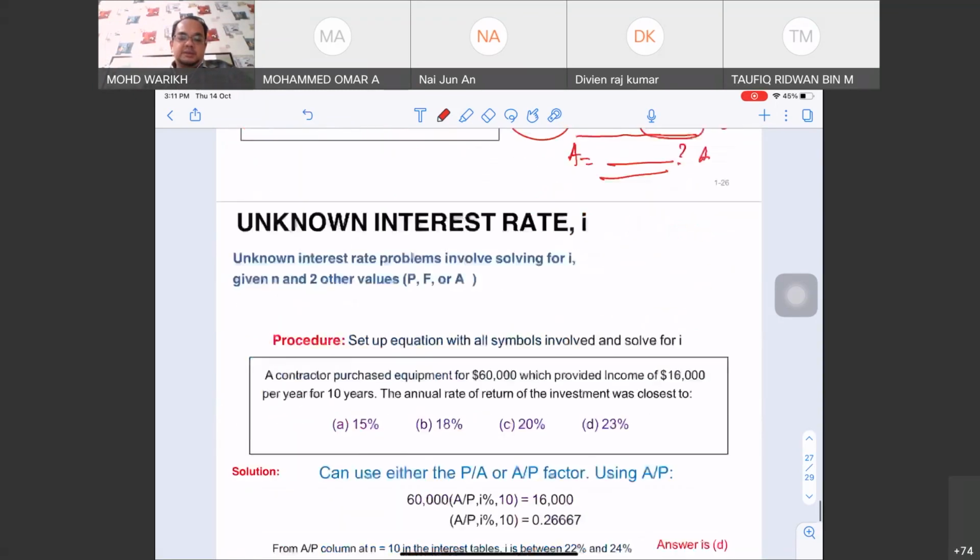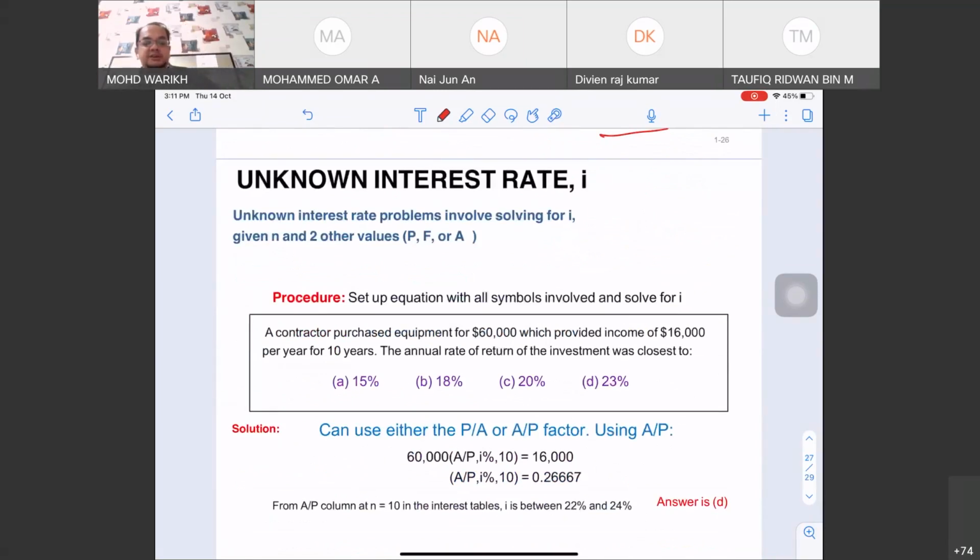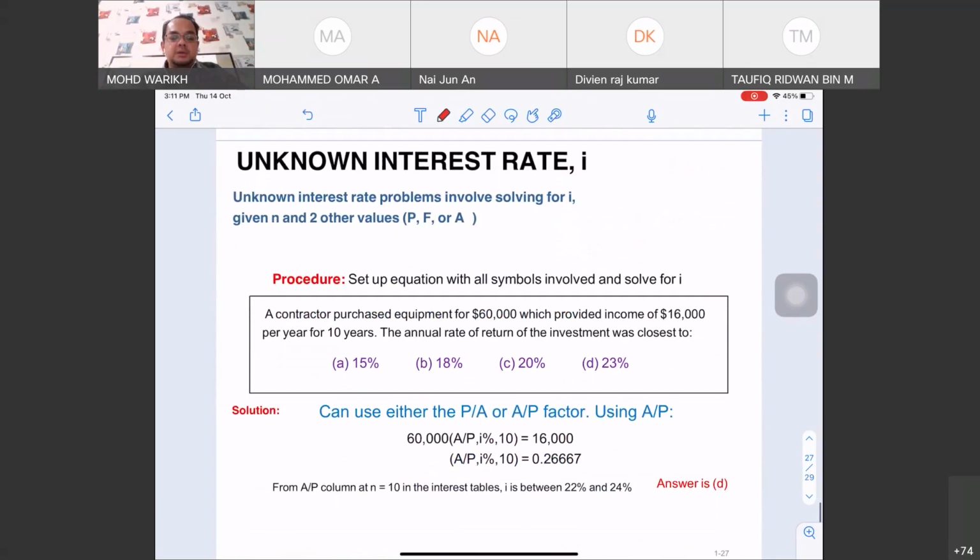Next, the last one is about the interest rate i. Unknown interest rate. The unknown interest rate problem involves solving for i given n and two other values among P, F, or A. That means to find i, you have to do trial and error.